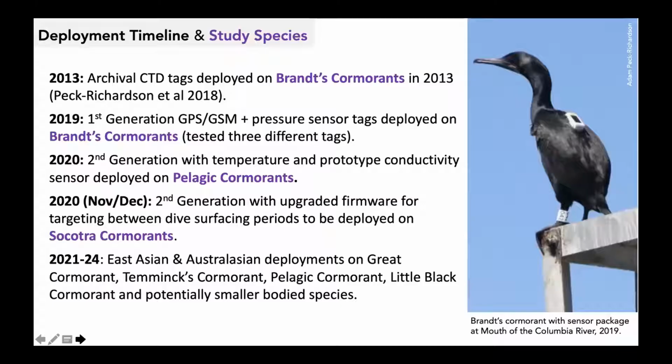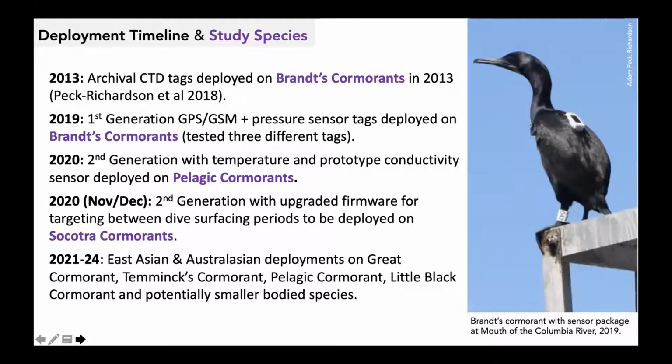I won't read this slide aloud to you, but I just wanted to put the following slides in perspective in terms of a timeline. I'll be using data from a couple of different deployments on a couple of different species to illustrate the various variables and how far along we've come in developing those analyses.